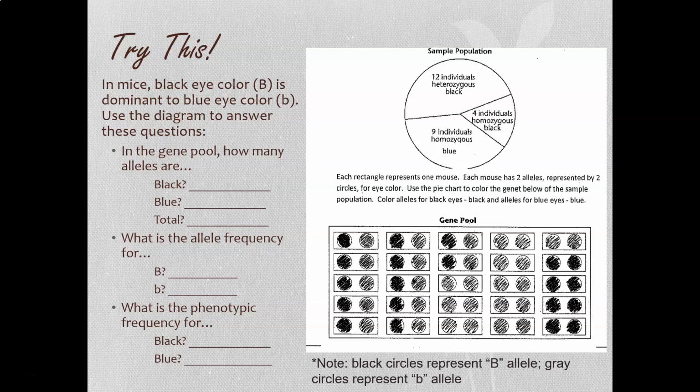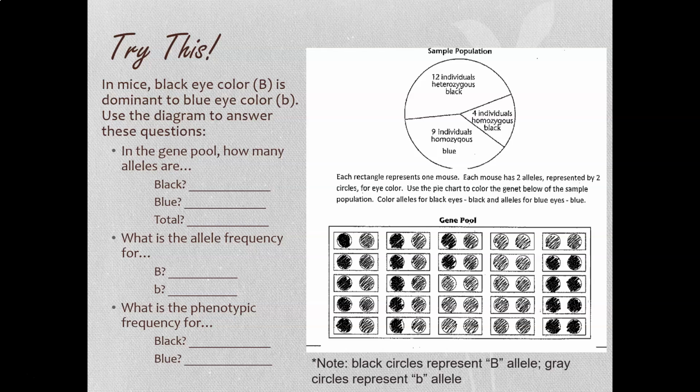So I've got some diagrams over there to help us try and answer the questions. I've got my sample population in a pie chart up top, as well as the gene pool sort of graphically laid out for you, where those really dark circles are your capital alleles, your dominant alleles, the more gray circles are the lowercase ones.